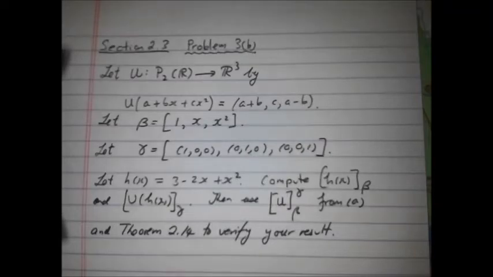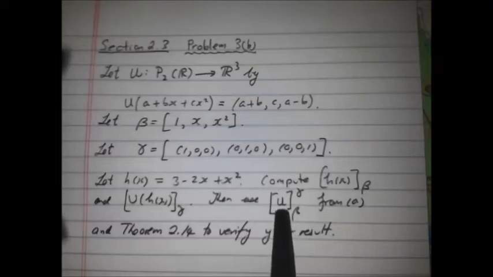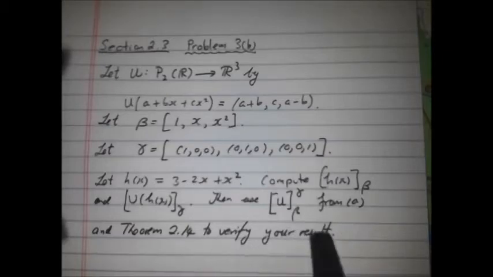In this problem we let h of x be the polynomial 3 minus 2x plus x squared, and we're asked to compute the coordinate vector of h of x relative to beta and of U of h of x relative to gamma. In the last part, we're asked to use the matrix of the transformation U relative to beta and gamma that we calculated in part A and theorem 2.14 to verify the result.